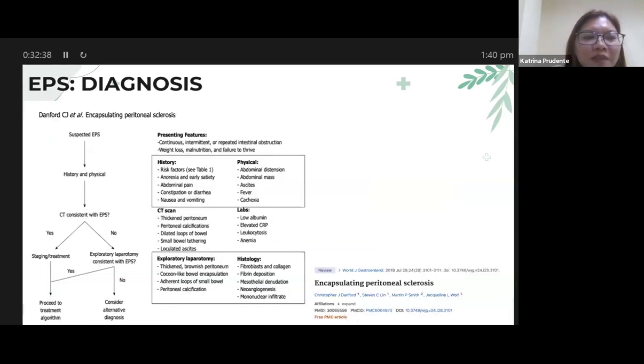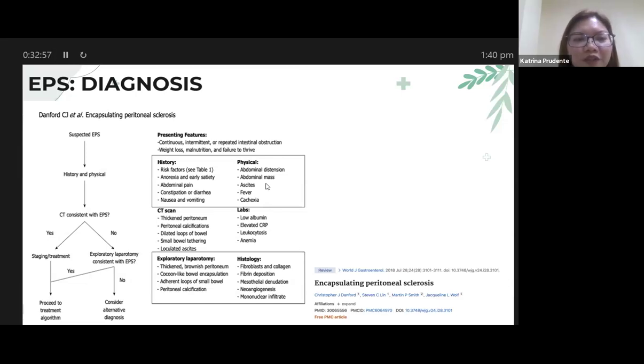For the diagnosis of EPS, it is seen here that for suspected EPS cases, it is important to check the history and the physical examination of the patient.